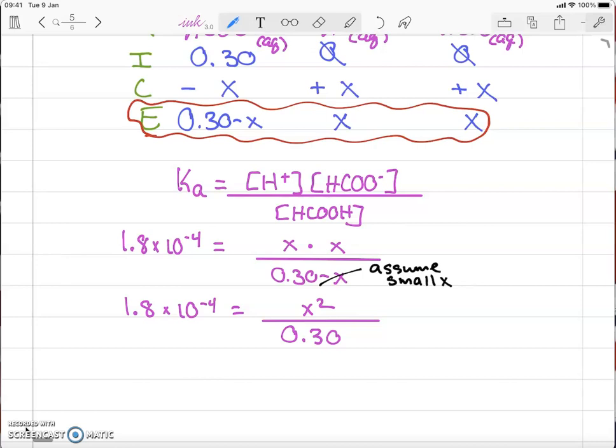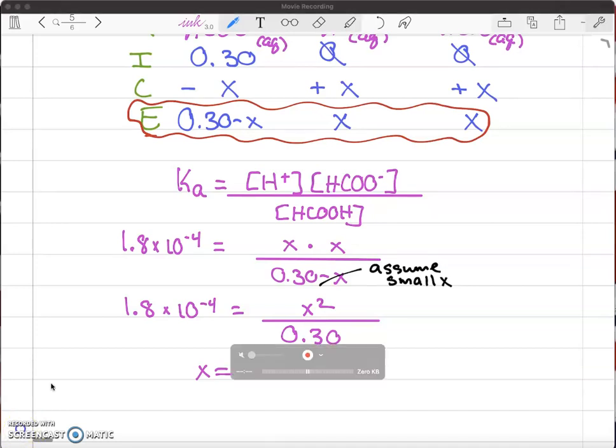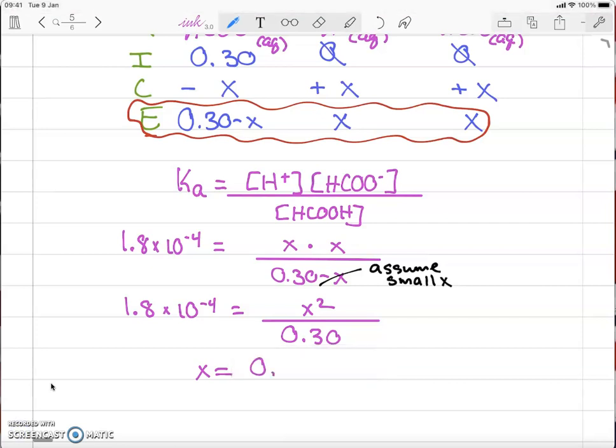Now when we solve for x, we'll do that algebraically by multiplying both sides by that 0.30 and then taking the square root. And when we do that, we get 0.0073 to 2 sig figs molar.